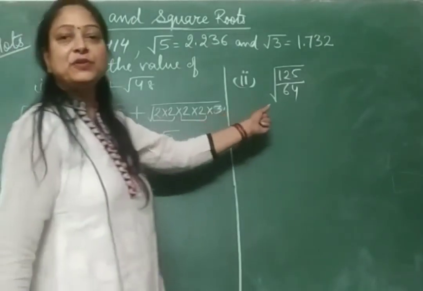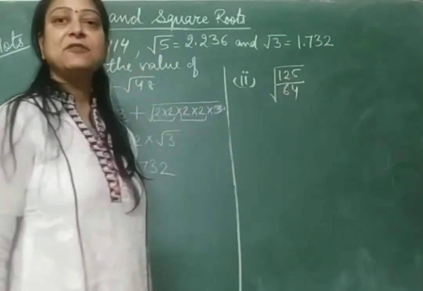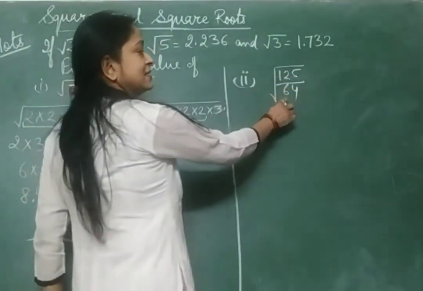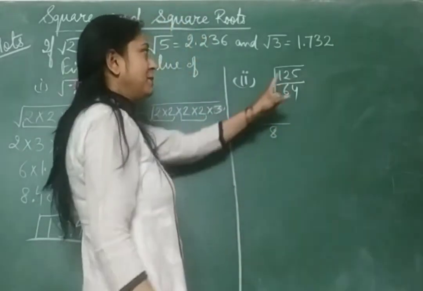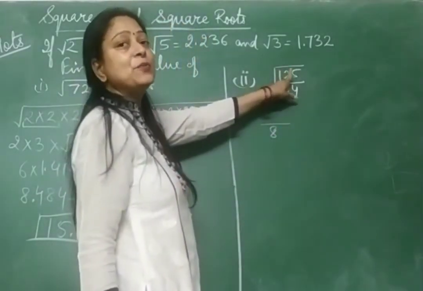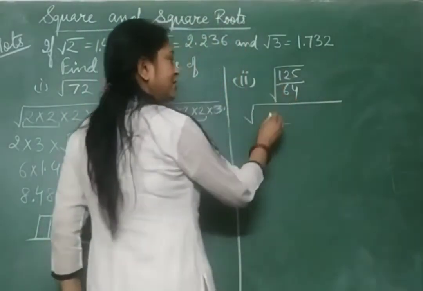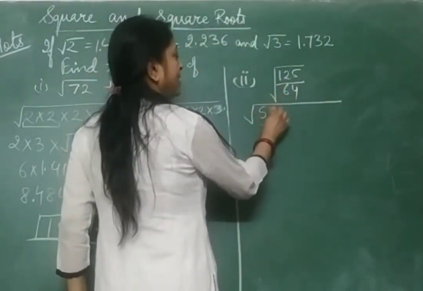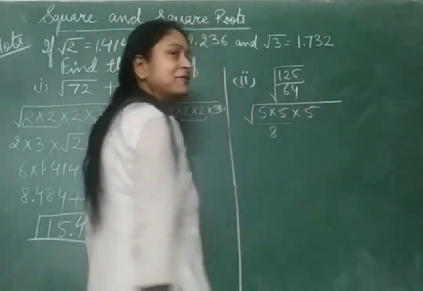Okay, let's move to the next part, that is square root of 125 divided by 64. You know the square root of 64, that is 8. But for the upper number, we have to make the prime factorization of 125. That is 5 5s are 25 multiplied by 5.